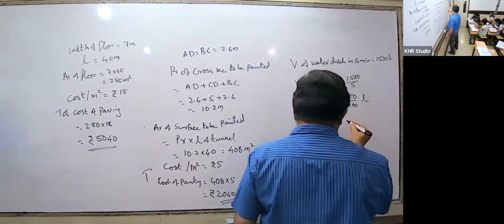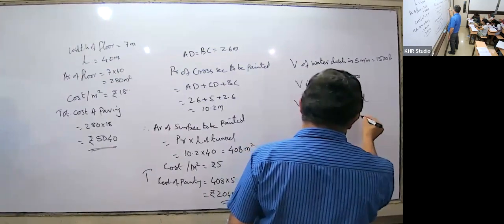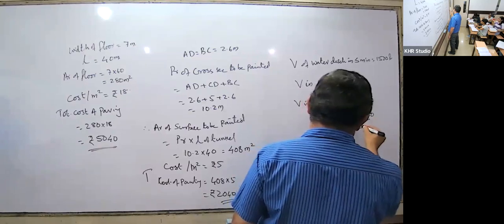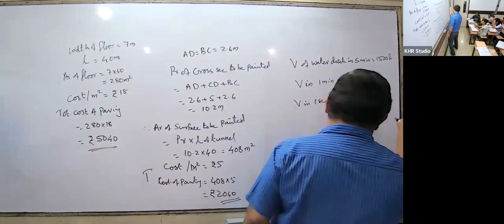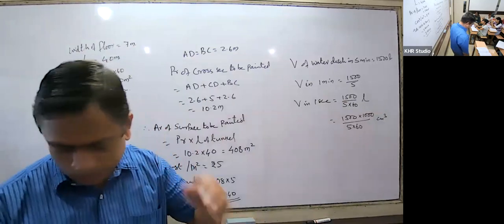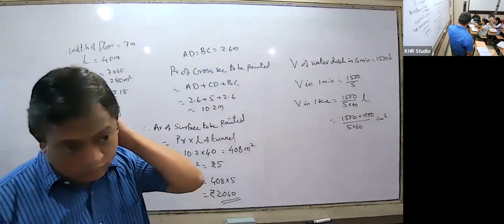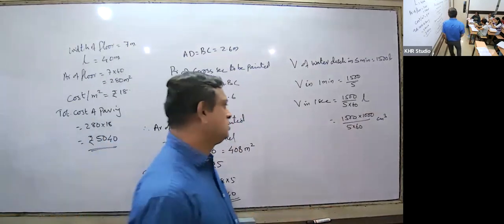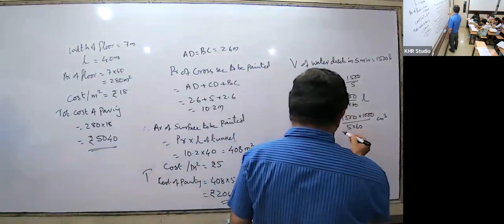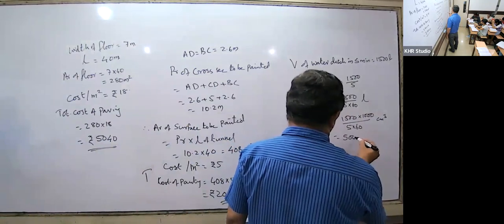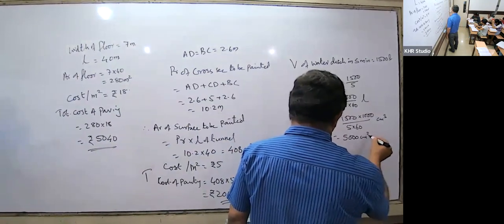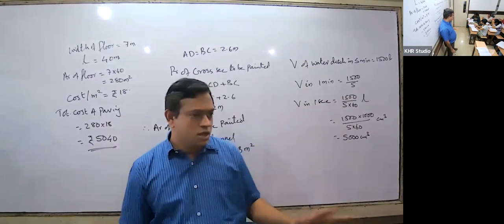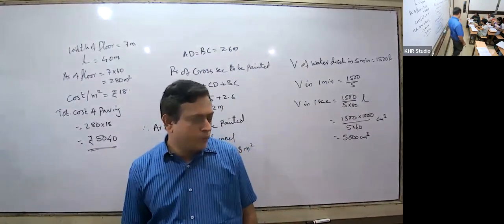Multiply 1500 into 1000 divided by 5 into 60. That means centimeter cube. Cancel, 5000 centimeter cube. This much water is discharged by the pipe in 1 second.